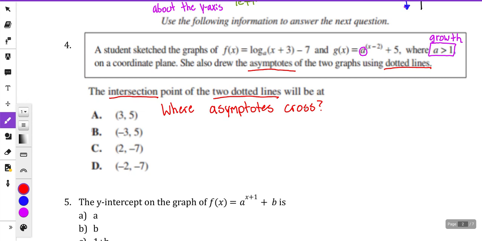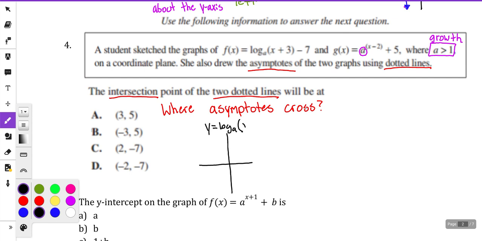Okay, the first asymptote is y equals log a of x plus 3, minus 7. That's my first graph. If I think about what's happened to that asymptote, it was on the y-axis.